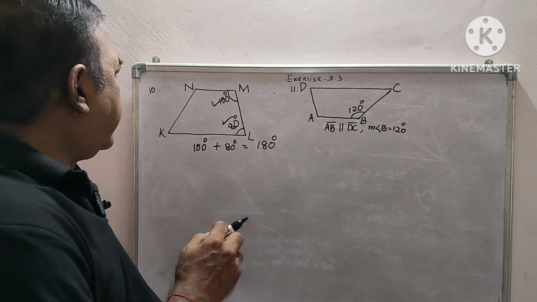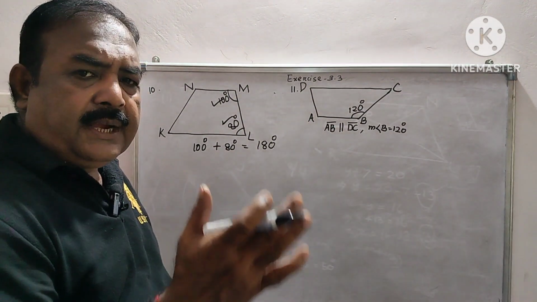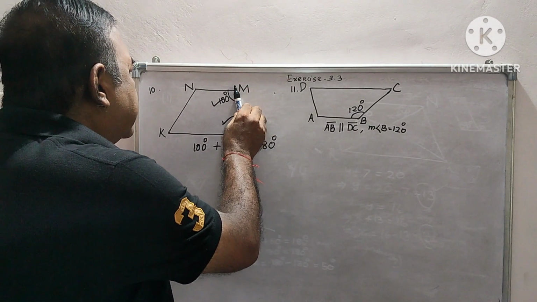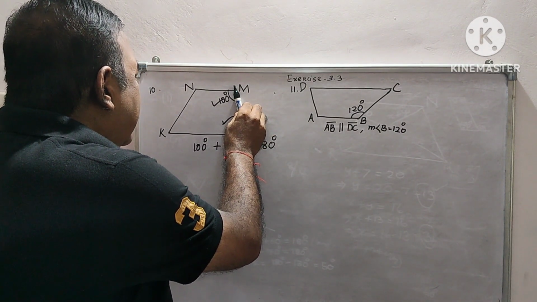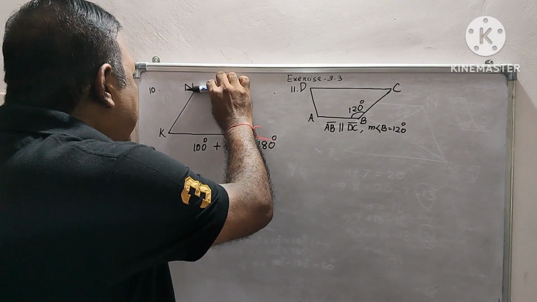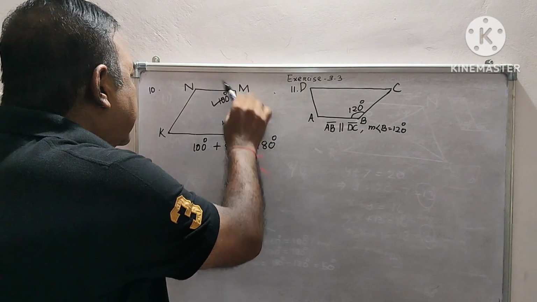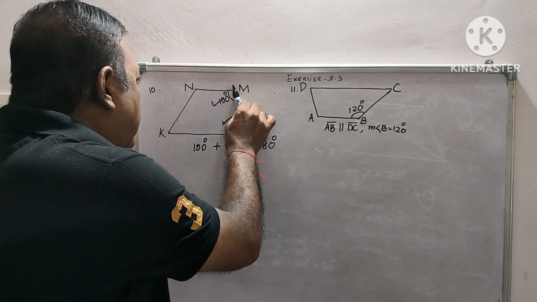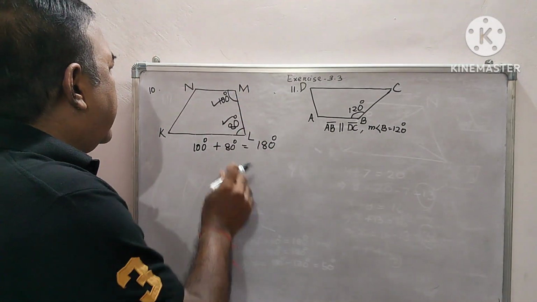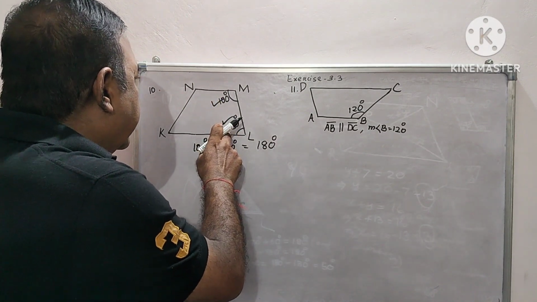Suppose these are two lines and this is the transversal, these two lines are cut by this transversal, and we have got these two interior angles.